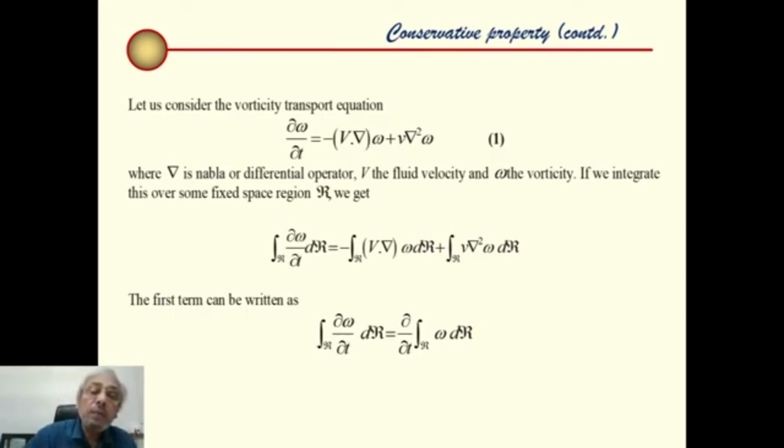Now we are integrating the whole equation over this space variable R, and we can get simply this equation. Here we will go term by term. Del omega del t integrated over space R. Since we define a space and we are not changing the space with time, this time derivative can be taken outside: del/del t of omega integrated over the space R.